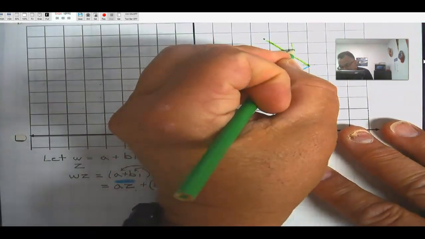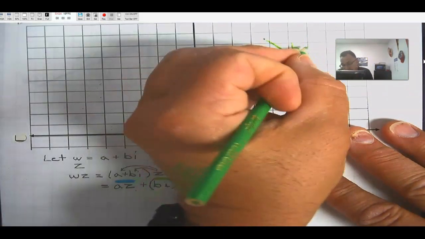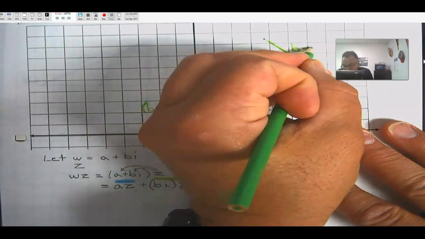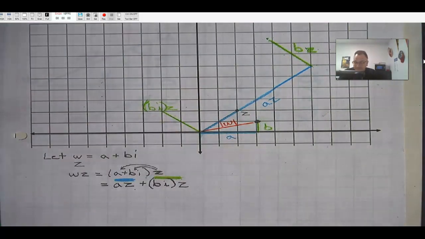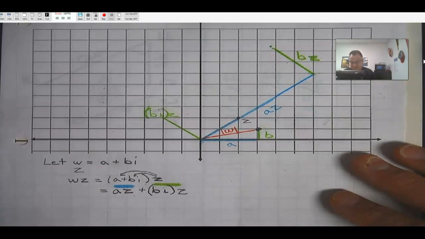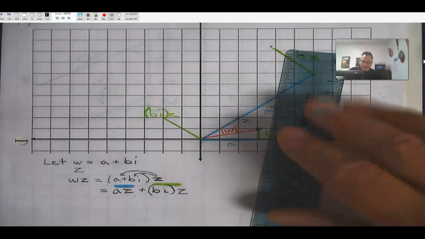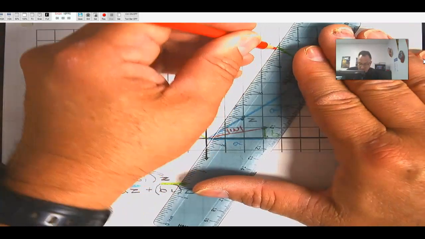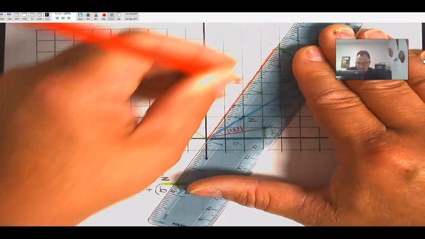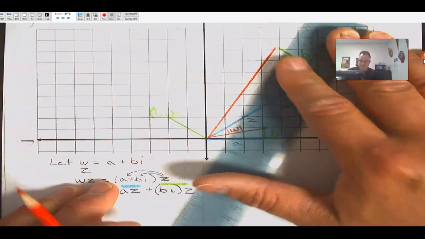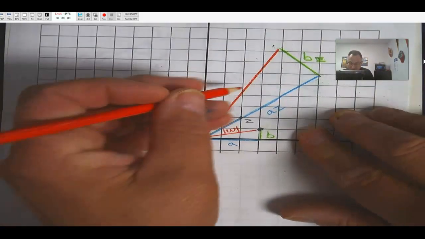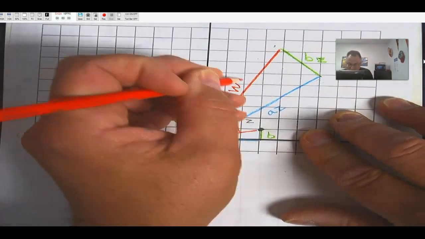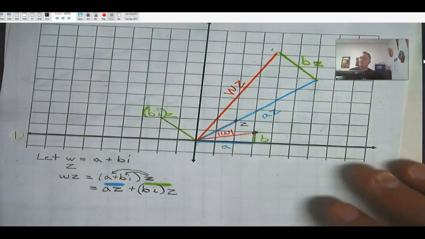And that's the length BZ. I should have just written this was BZ, not BIZ, but that's okay. All right. And now draw your product. That's this line. So make this the same color as W. And we can label this now W times Z. That's the product.